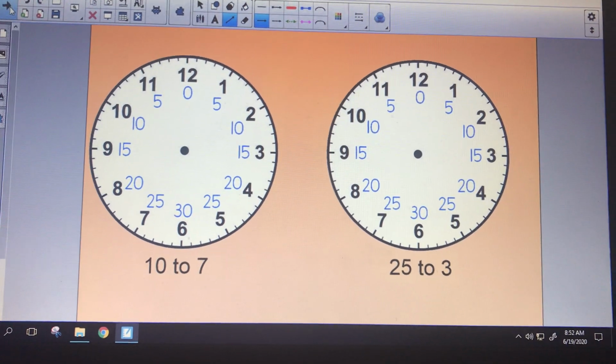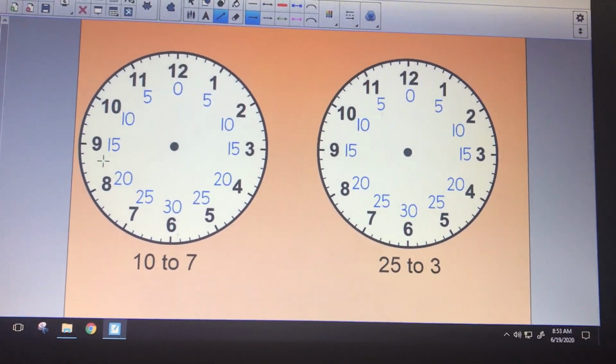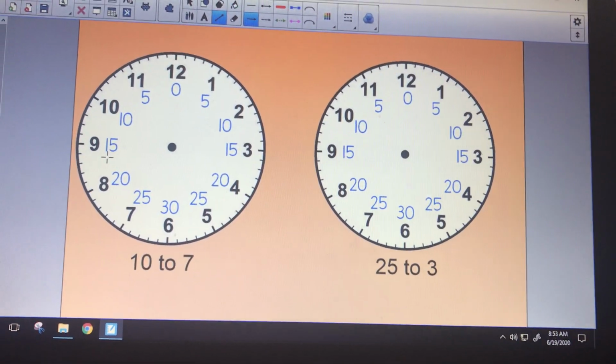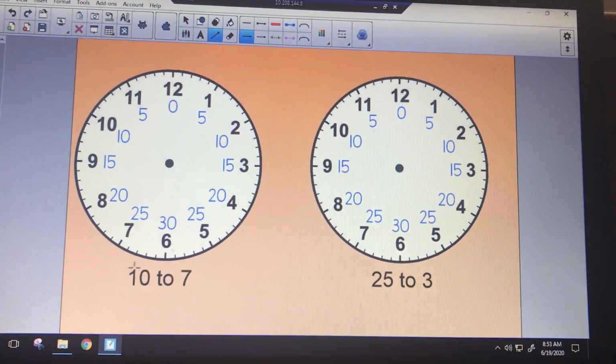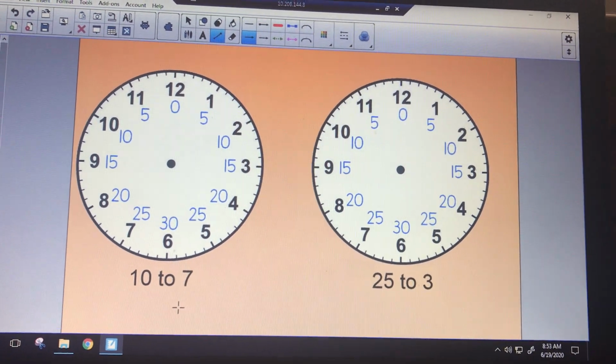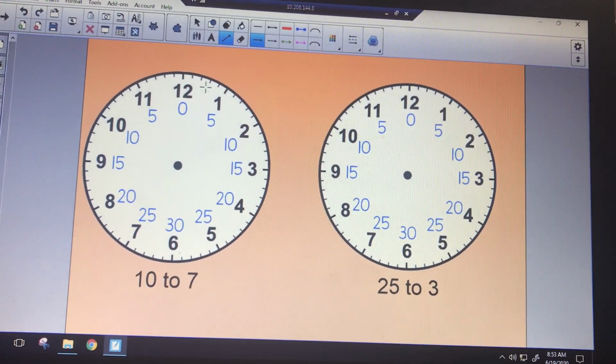Just 2 more examples to show you for drawing hands on a clock face, and this time we're going to work with coming up to the next hour. So 10 to 7 or 10 minutes to 7.